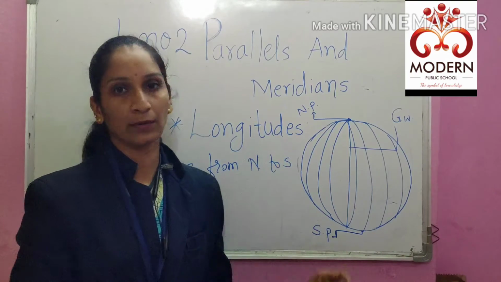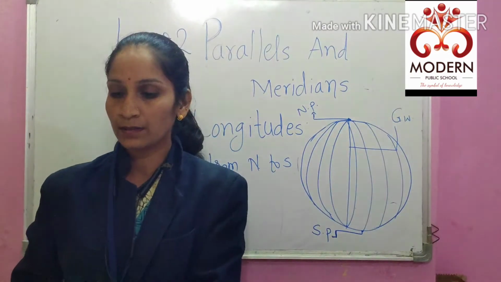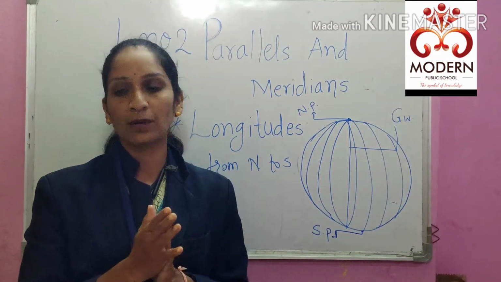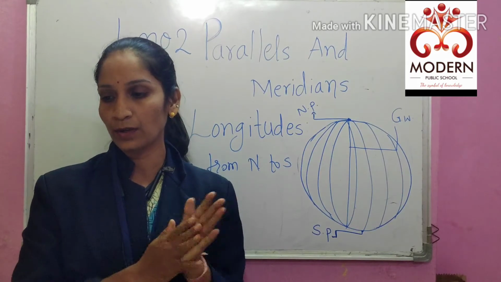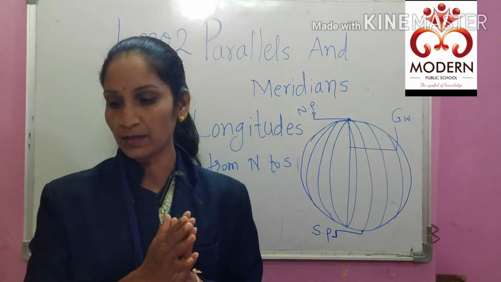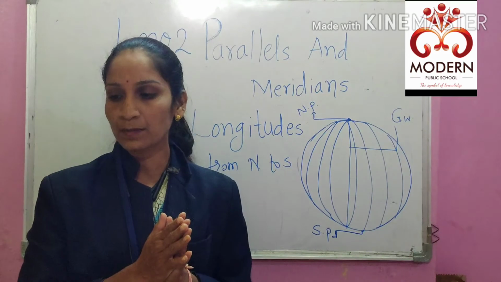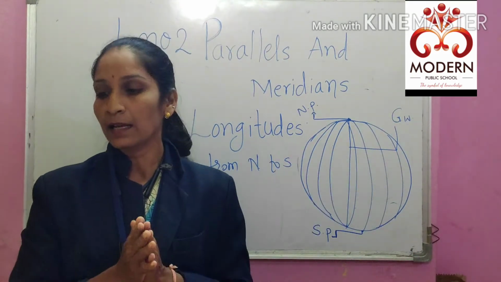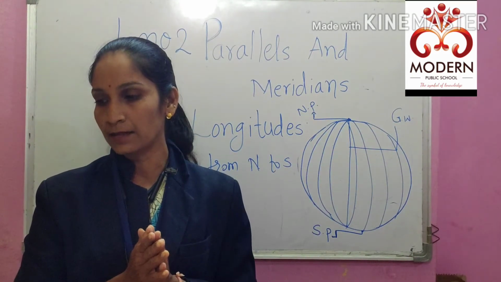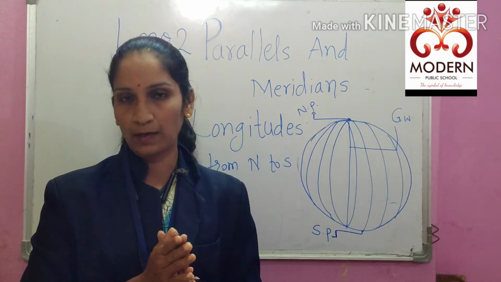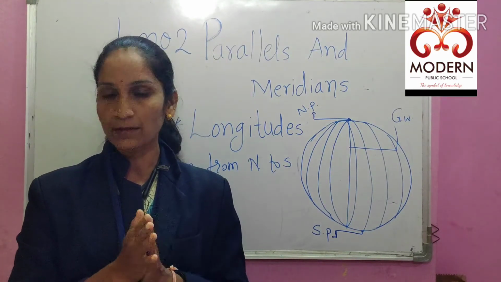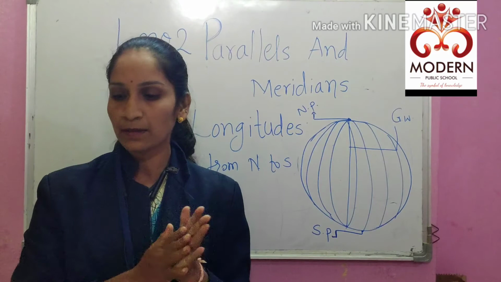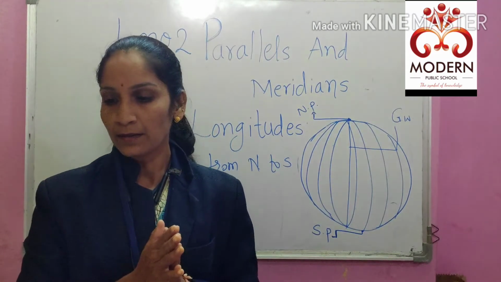Dear students, the longitudes do not run parallel to each other but meet at the two ends. The maximum distance between any two meridians is at the equator. As one moves away from the equator towards the poles, the distance between any two meridians decreases.